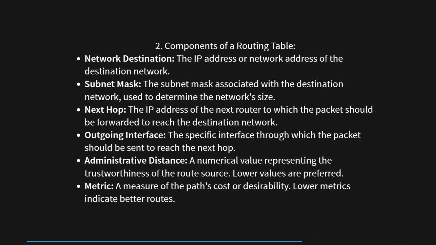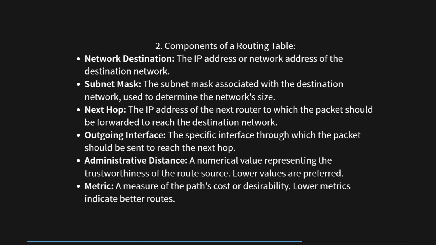Firstly, the network destination specifies the IP address or network address of the destination network to which the router needs to send the packet. Secondly, the subnet mask helps determine the size of the destination network. Thirdly, the next hop entry includes the IP address of the next router on the path that should be used to reach the destination network. The outgoing interface specifies the specific network interface through which the packet should be forwarded to reach the next hop.